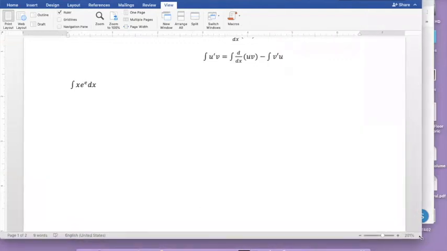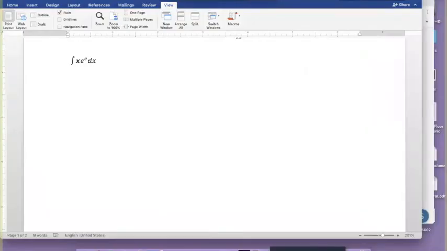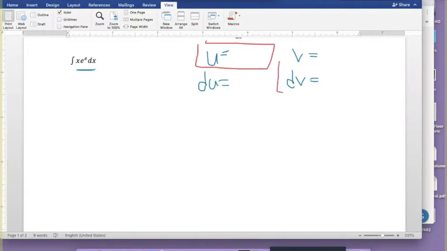Okay, here's the way you want to think about this. When you're setting up for integration by parts, it's like you're stocking the shelves. What you need is a u and a du, and then you need a v and a dv. And the challenge is figuring out which piece to pick. From this original integral, the pieces that you're going to have to populate into this inventory are the u and the dv.